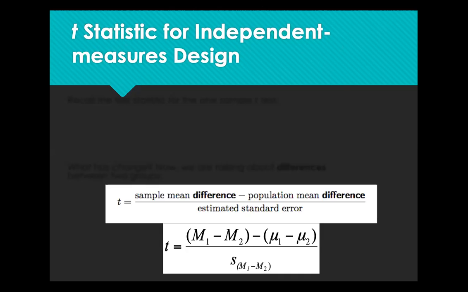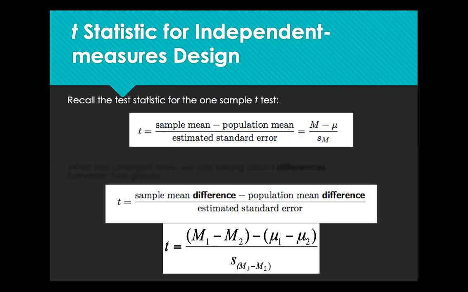So you'll remember that for the test statistic for the one-sample t-test, we took the sample mean minus the population mean, divided by the standard error. In this case, we're going to be looking at the mean difference, right? So the difference between the two sample means minus the difference between the population means for the two groups, and then divided by the estimated standard error.